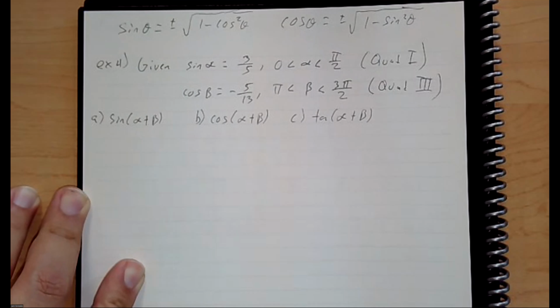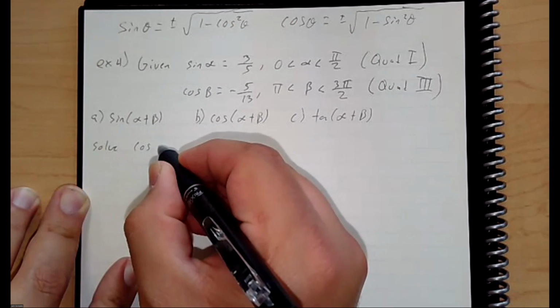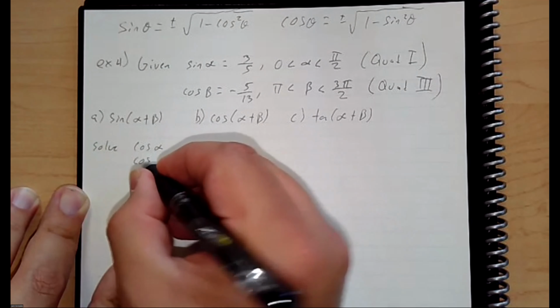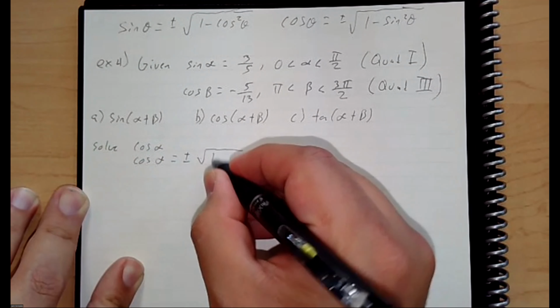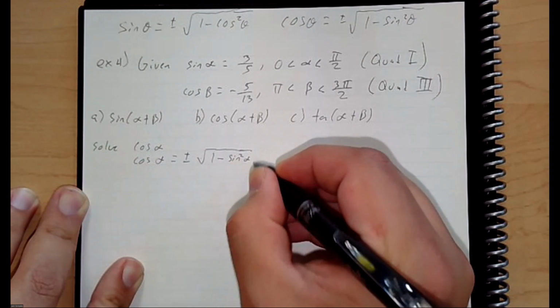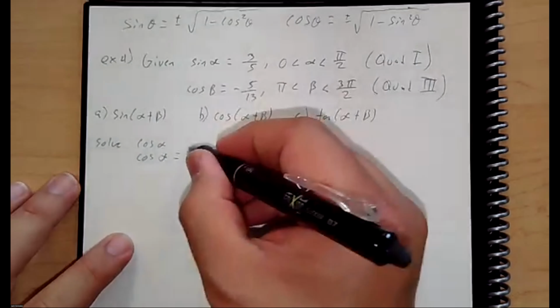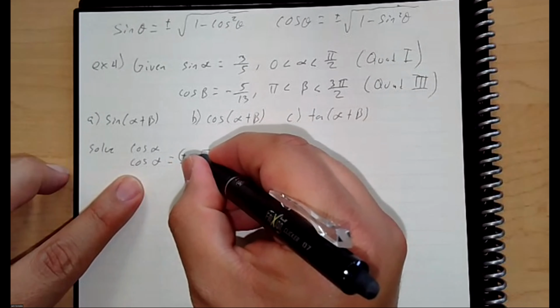All right, let's do cosine alpha first. Cosine alpha is equal to plus or minus the square root of 1 minus sine alpha squared. Do I choose plus or minus? Alpha's in quadrant 1, so cosine is positive.